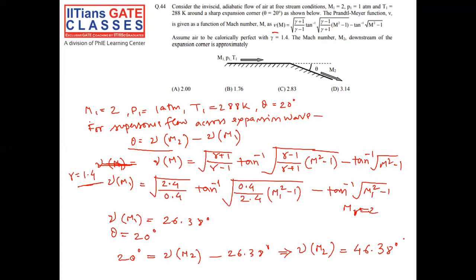Now from this expression again, if we substitute the value of nu M2, that is 46.38, and the value of gamma, we'll get an expression. So just substituting the value of nu M2 and gamma, we'll get this expression.